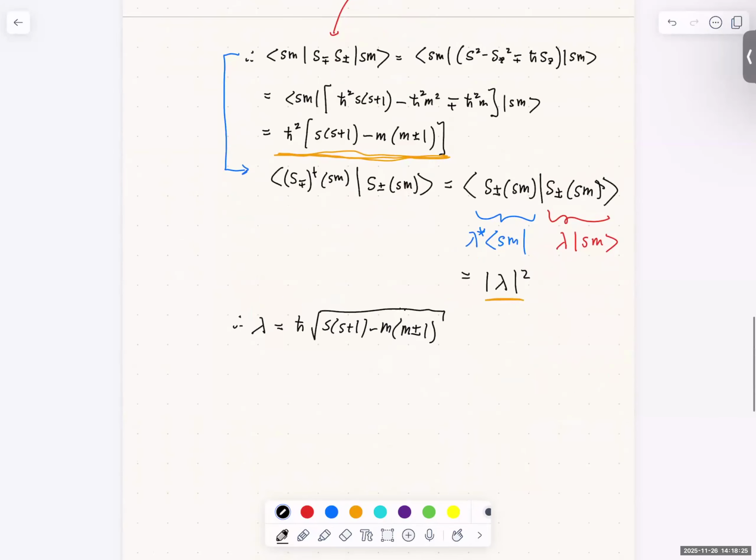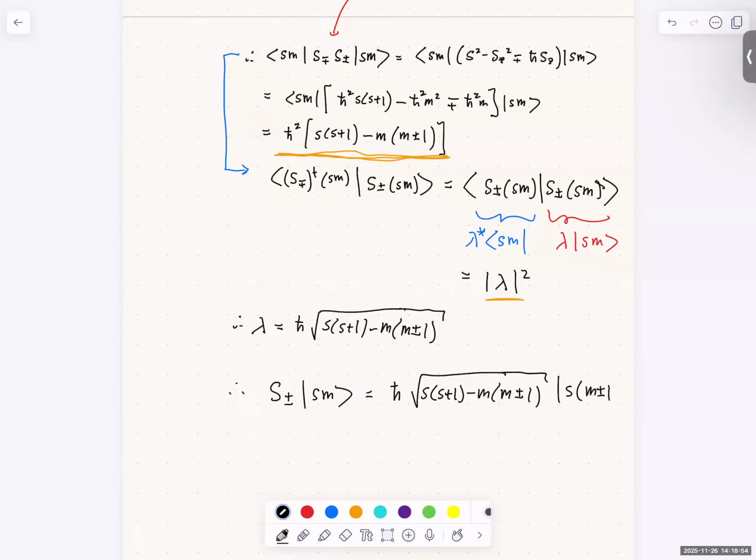So if we write this out carefully, we could write a new eigenvalue equation: S plus minus acting on state Sm is equal to h bar square root s plus 1 minus m plus or minus 1. And then it's an eigenvalue state. Sorry, it's not quite an eigenvalue, is it?